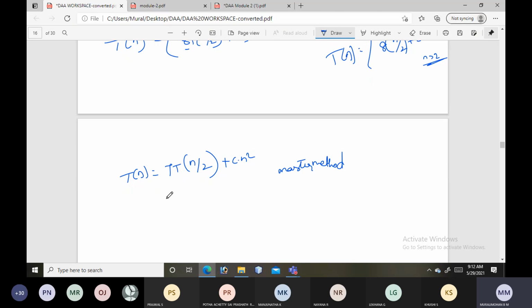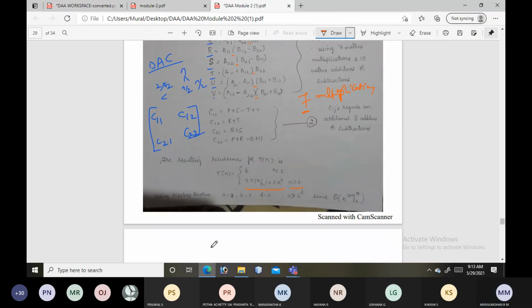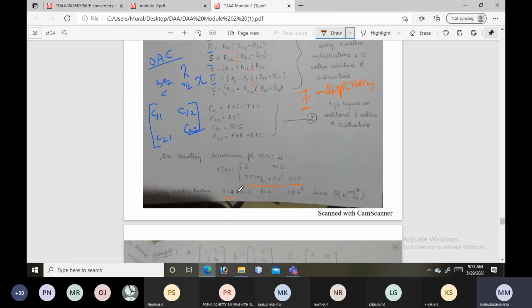What will we get? What is A? A is 7, right? What is B? B is 2. Next, d is 2, right? So we are falling under the case a is greater than b power d. You just go back and check what we should write if a is greater than b power d.